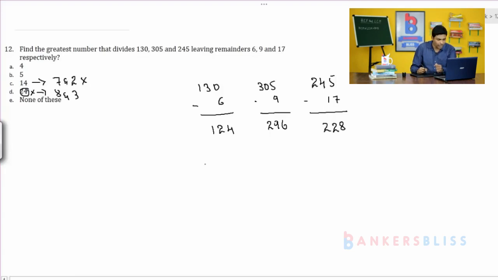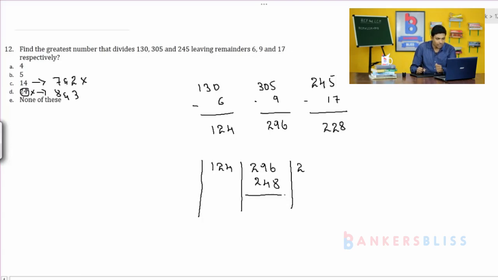Okay, so 124 and 296, consider any 2. Here I am considering 124 and 296. How many times? 2 times. So 124 into 2, 248.